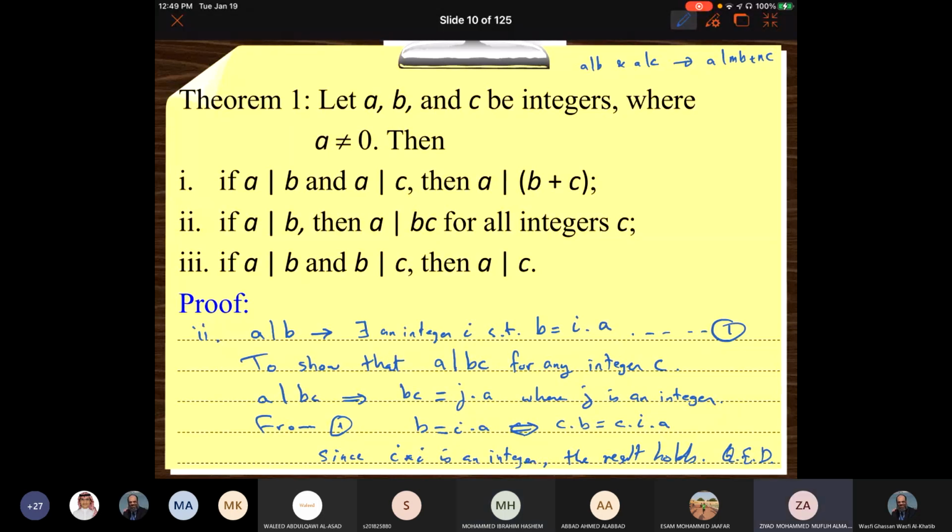Yes, theorem 1. Honestly, I don't see anything at all, even when I do a reload. Okay, go back and come back. We'll see how we can solve this problem, because this is really a big problem.